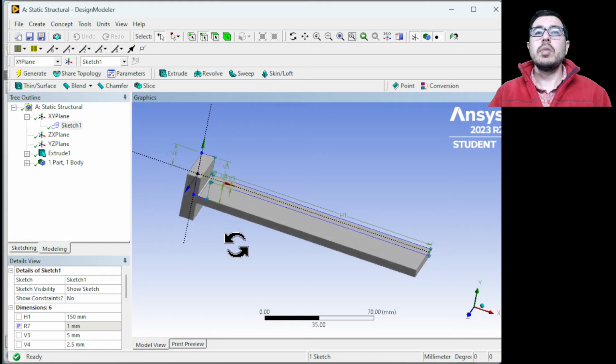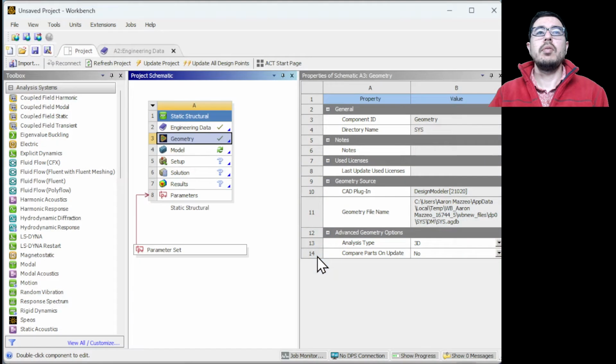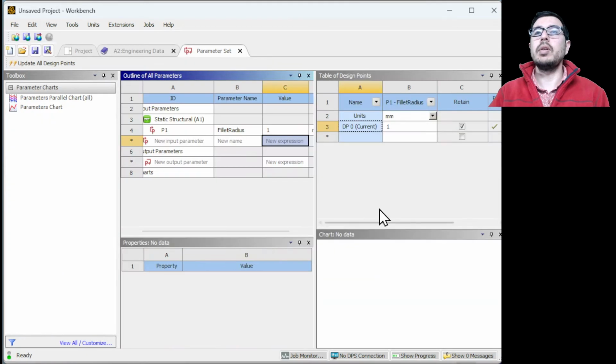And let's close this up. Okay, so now we've got our geometry, and we have this parameter set that, if we double click on it, we can change the fillet radius, and we can make that our current one for later use without having to open the geometry.